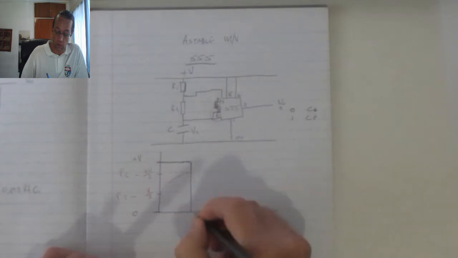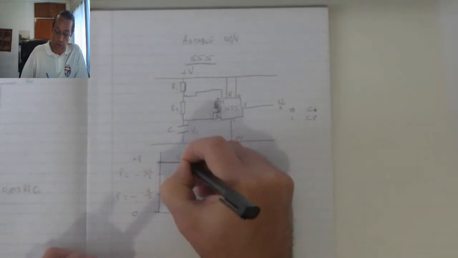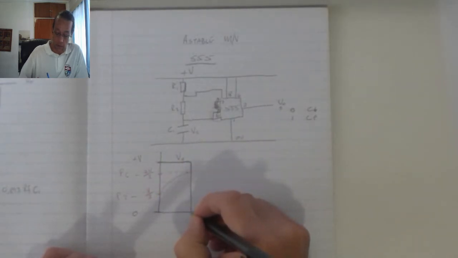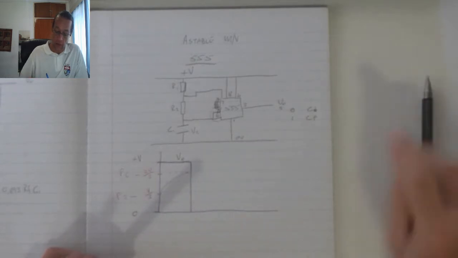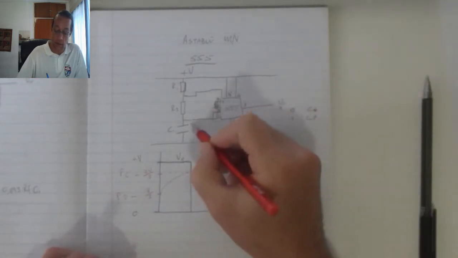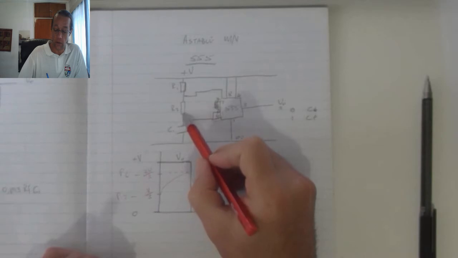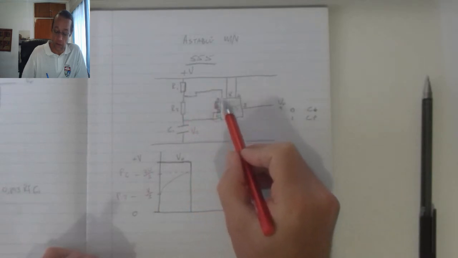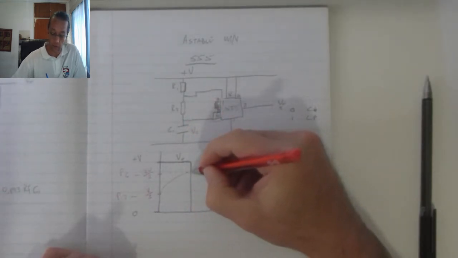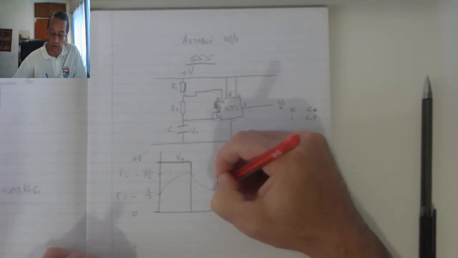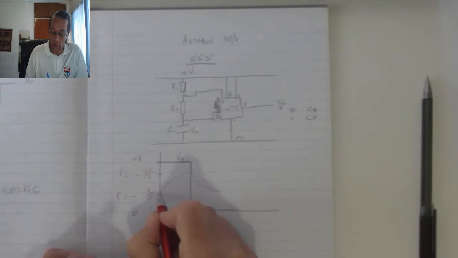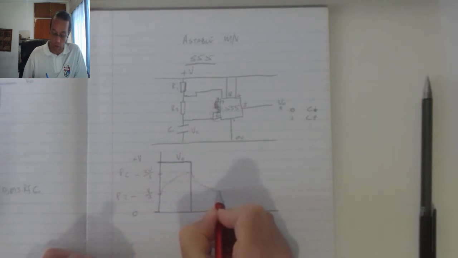During the off state, we've got almost 0 volts on the output. During that time, the capacitor is going to discharge through resistor 2 to ground, and that is going to cause its voltage to decrease until it reaches 1/3 of the supply voltage.